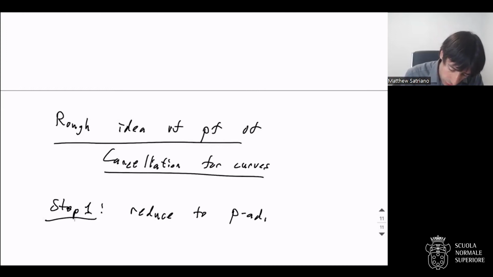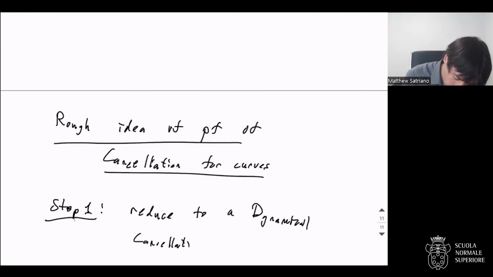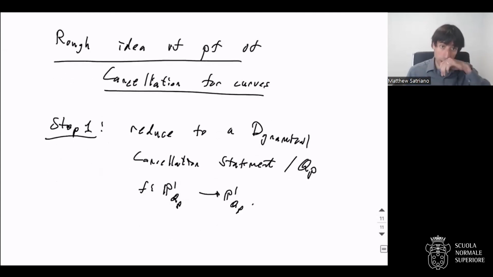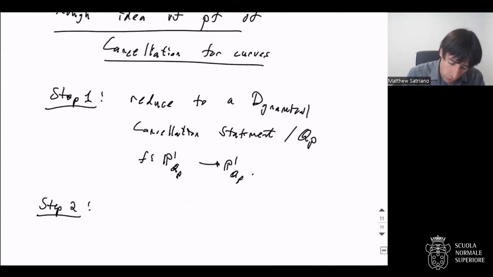You reduce to a dynamical cancellation statement over Q_p, so you just have a map. Even though the full dynamical cancellation question you can't attack using p-adic local methods, in this case you actually can.